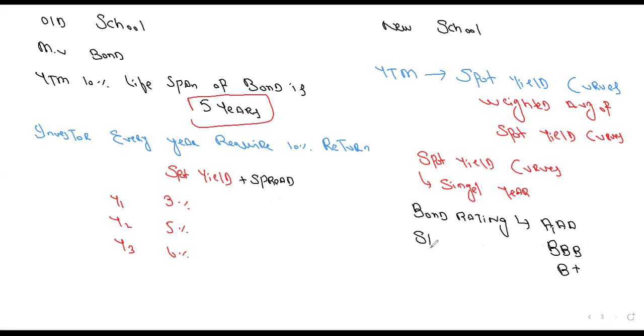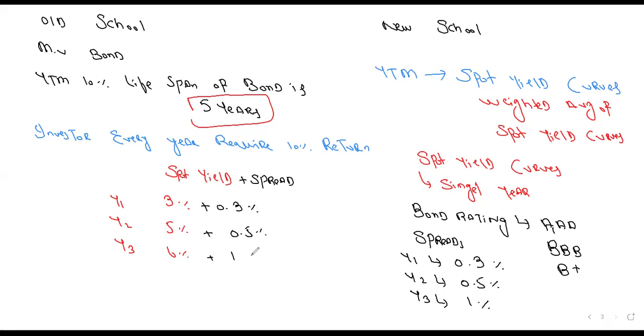So the spreads have been given to you. For year 1, the spread is 30 basis points, so 0.3%. For year 2, it is 50 basis points, so 0.5%. And for year 3, it is 100 basis points, so 1%. So now 3% plus 0.3%, 5% plus 0.5%, 6% plus 1%.